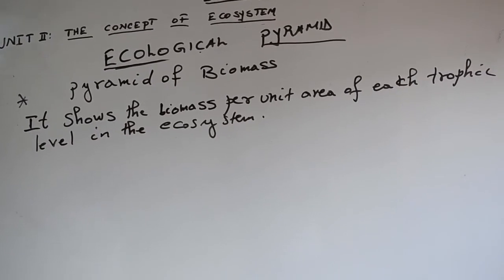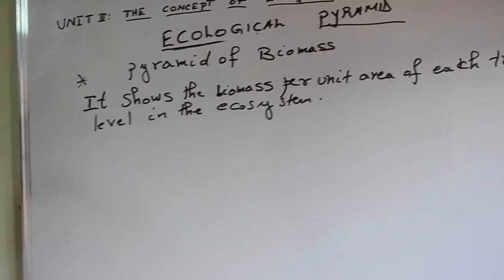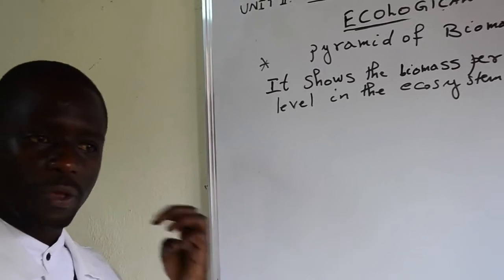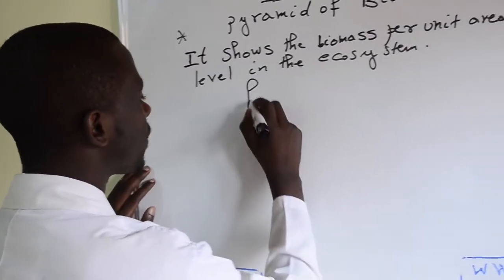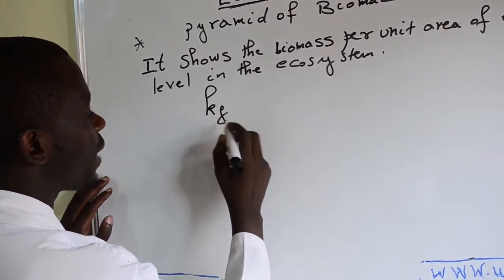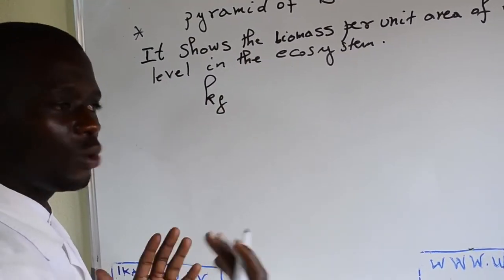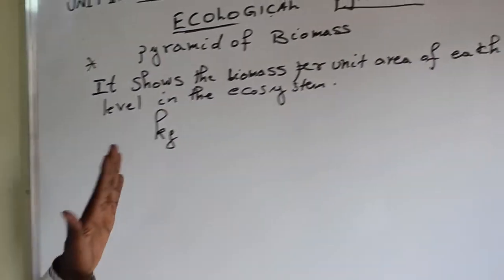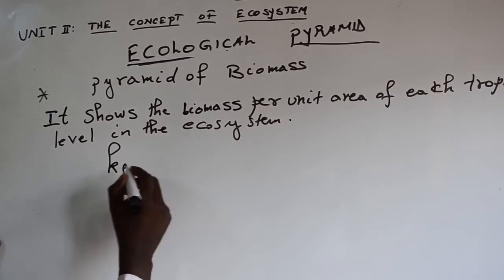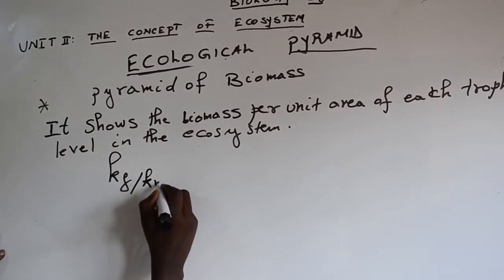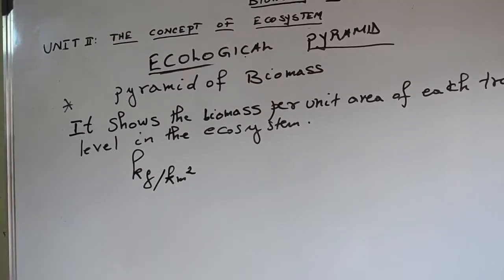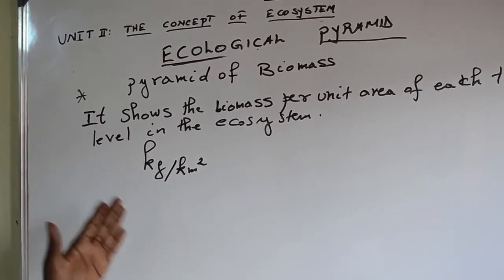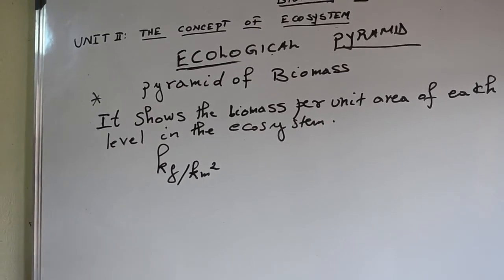The biomass per unit area. This is why we will have units which can be kilogram or gram per unit area. When we say area, we can have kilometer square, or grams per meter square. So these are the units of the biomass.